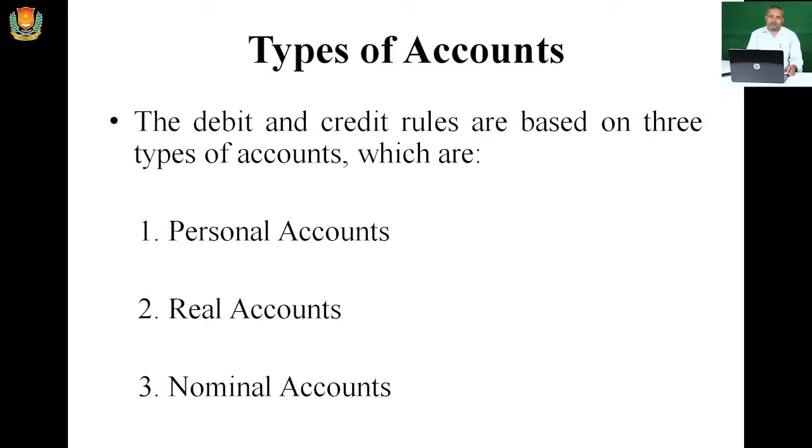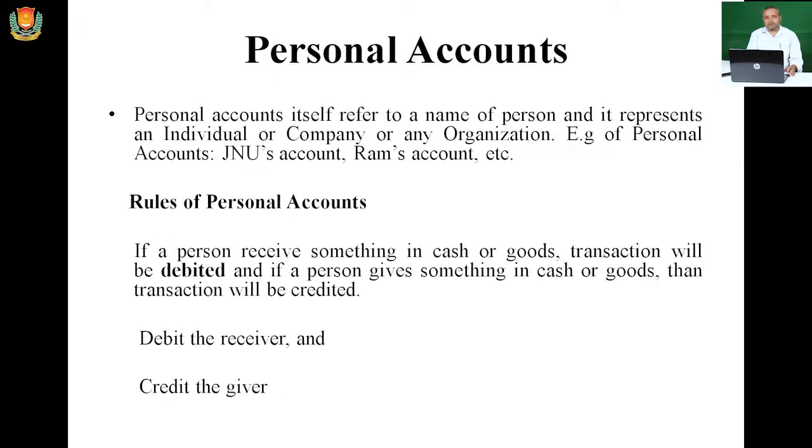This person may be a natural person or an artificial person, like Ram, Shyam, Rajesh, Mohan, OBT Limited, Reliance Industries Limited. It means it may be an individual or maybe a firm or body corporate. These are grouped under personal accounts. It starts with the name of a person or name of the firm or name of the institution.